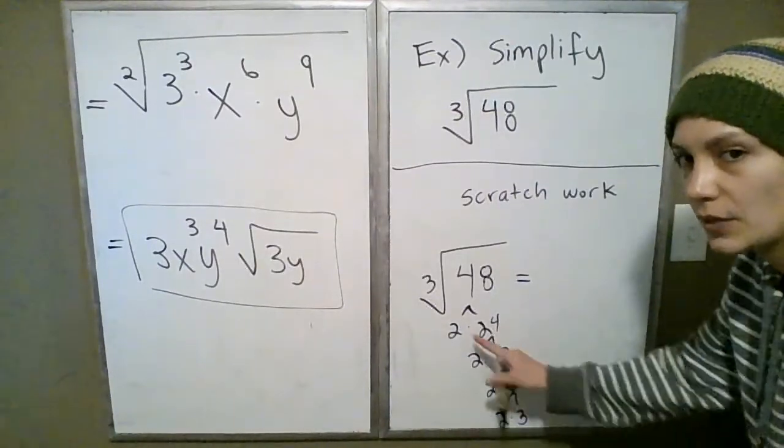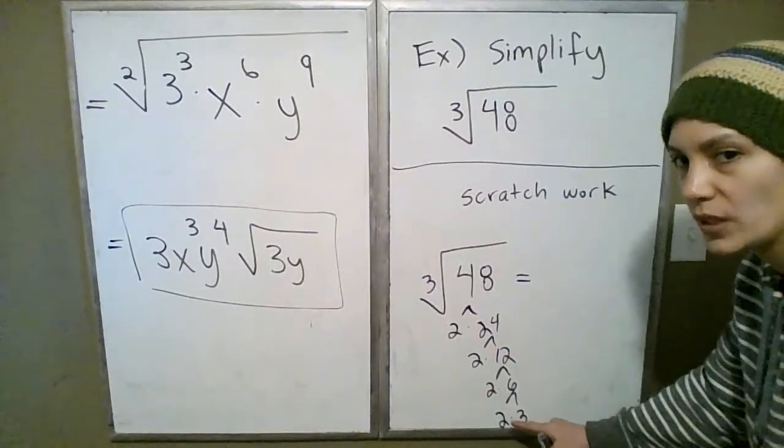Let's go to the next step. We're going to write 48 as 2 to the 4th times 3.